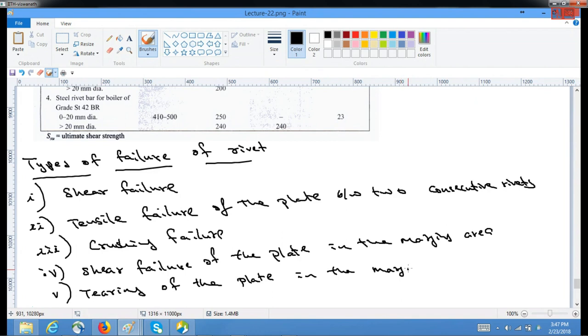Out of these 5 criteria, mostly the first top 3 are kind of critical.